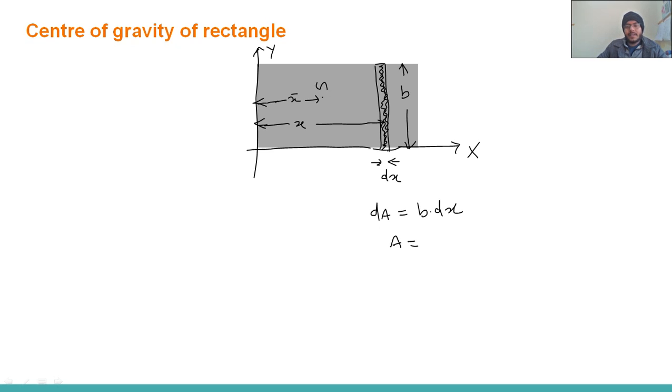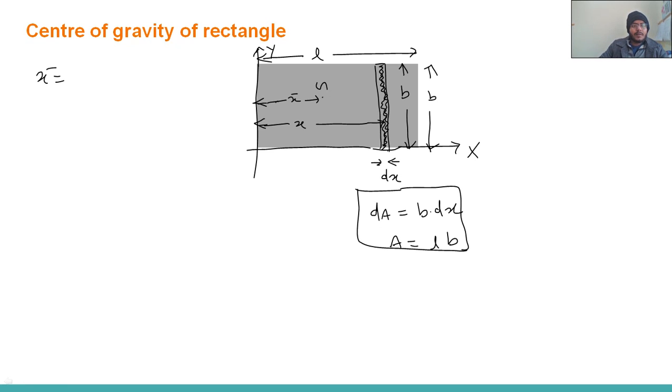And what is the area here? Total A means the total area of this rectangular figure, so this will be L into B. Now what is the formula? x bar is integration of x dash dA divided by integration of dA. Now put the value of x dash. x dash is the distance of the centroid of the small area segment from the y-axis, that is x here.